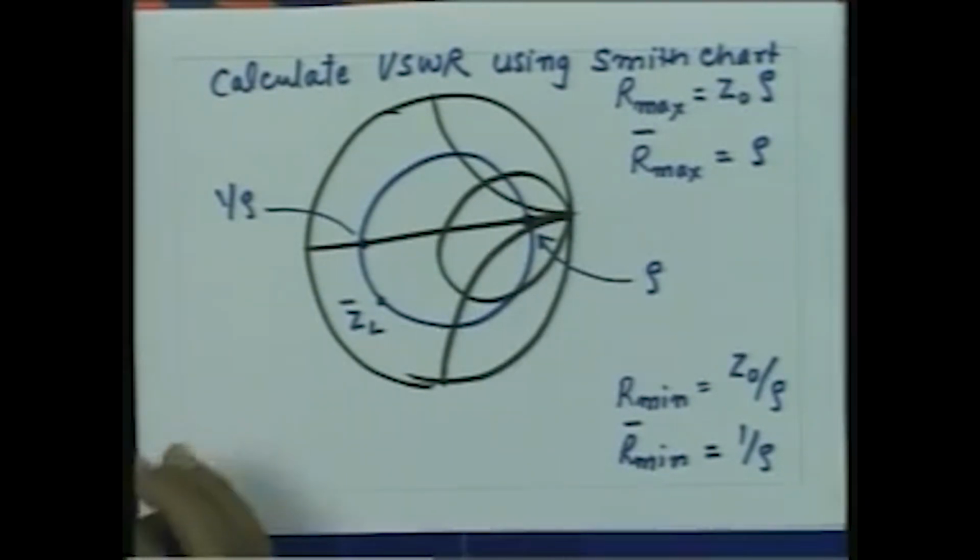Next thing one can do is find out the location of the voltage or current maximum or minimum on the transmission line, and then one can use that information to find out, just looking at the standing wave pattern on the transmission line, what kind of load the transmission line is terminated in.